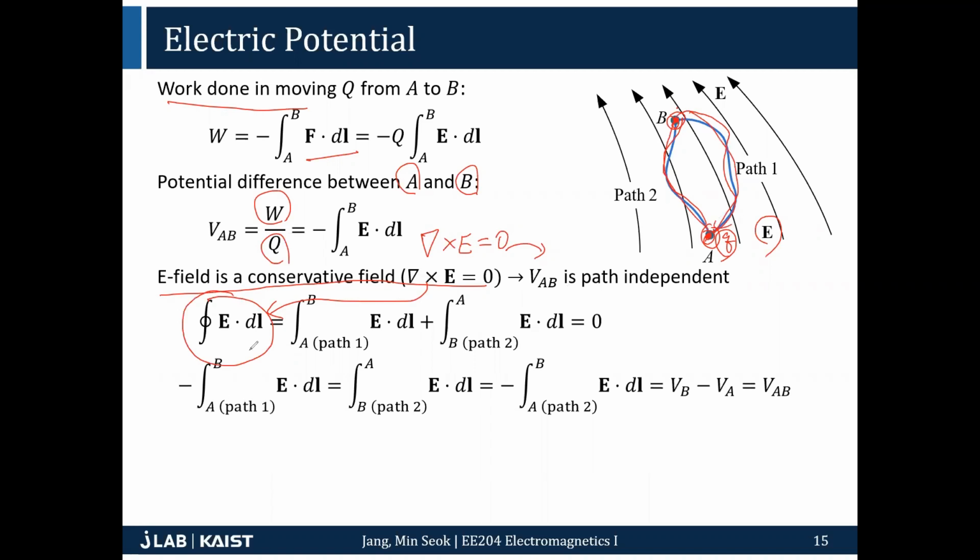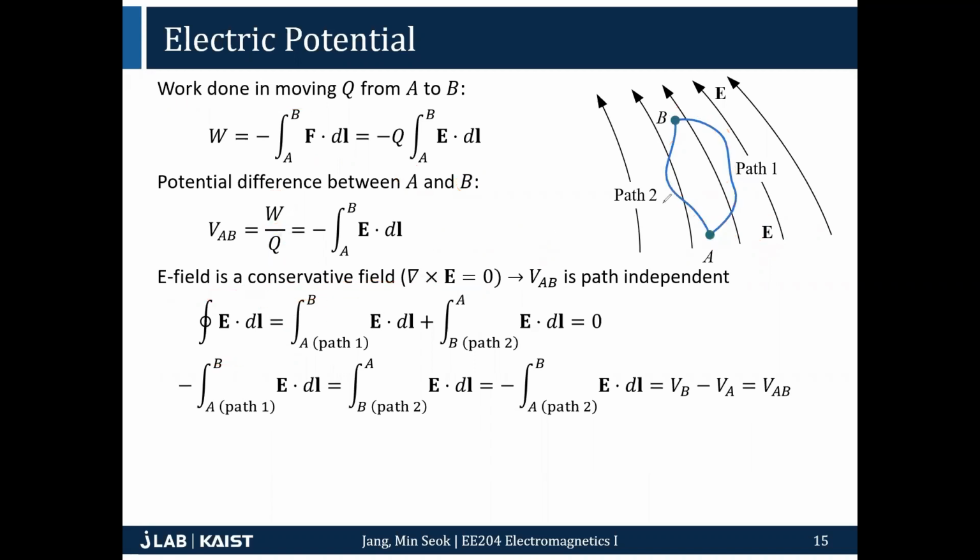This closed loop is composed of A to B through path 1, and then B to A along path 2.